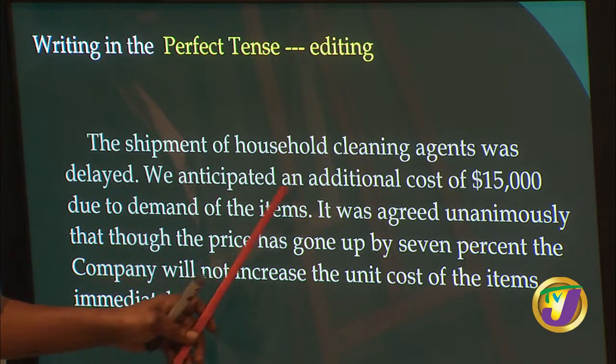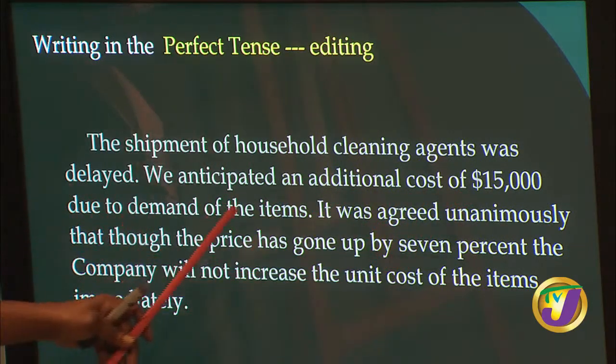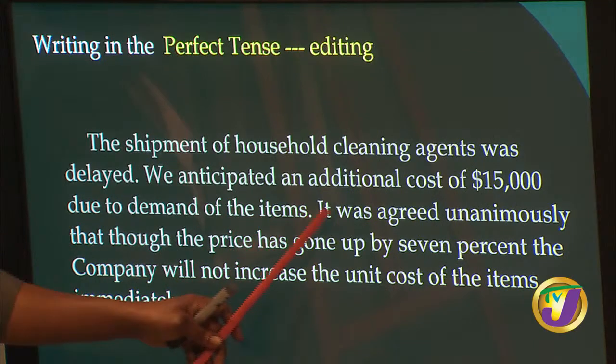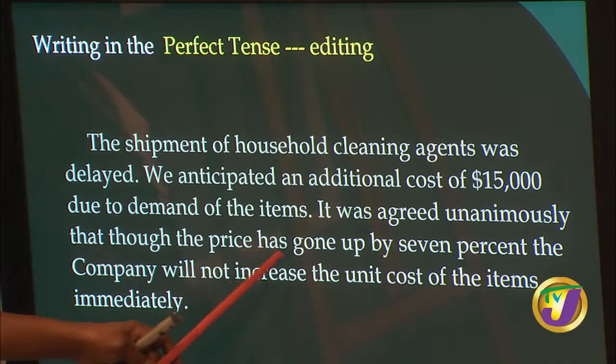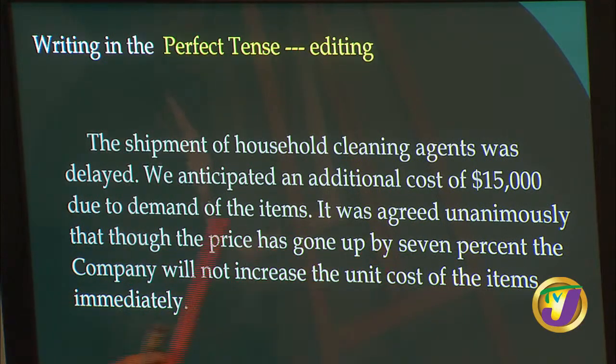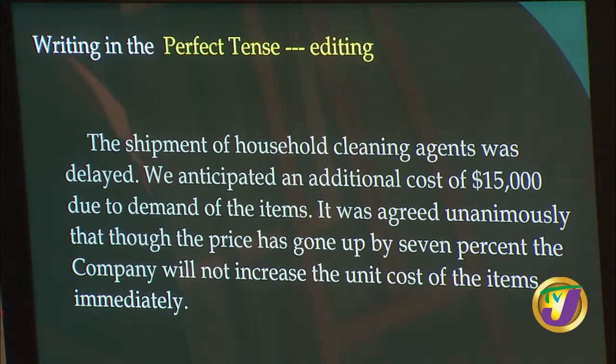We anticipated an additional cost of $15,000 due to the demand of the items. It was agreed unanimously that though the price has gone up by 7%, the company will not increase the unit cost of the items immediately. So someone is reporting now. So let us see what we can do.